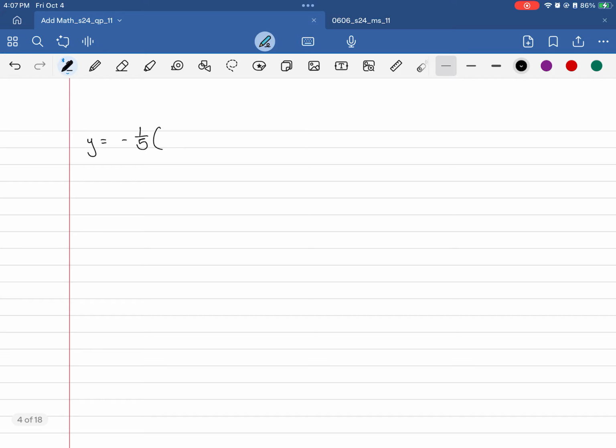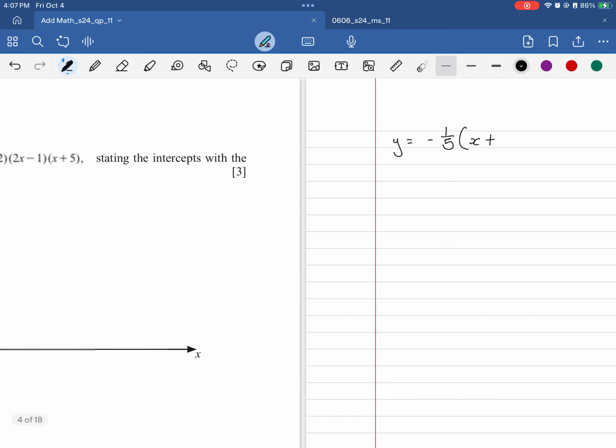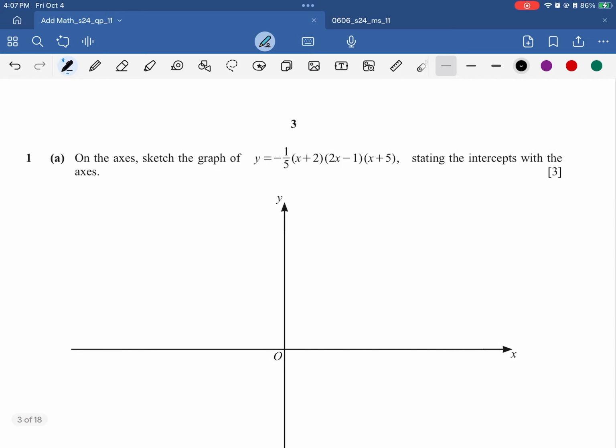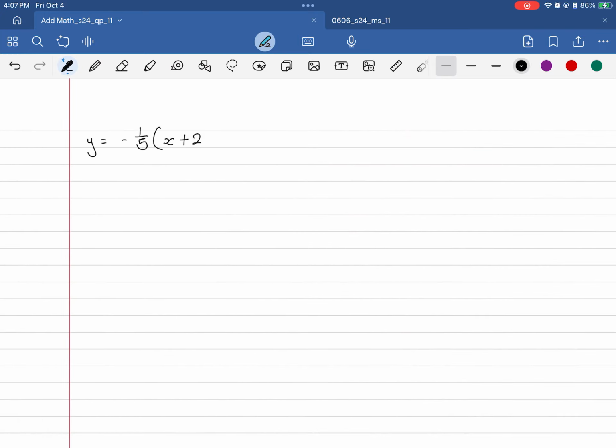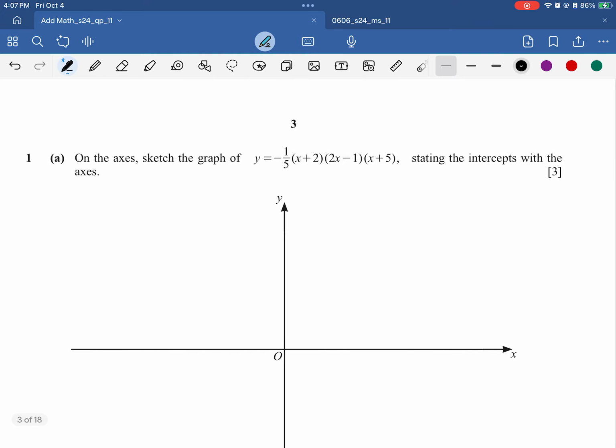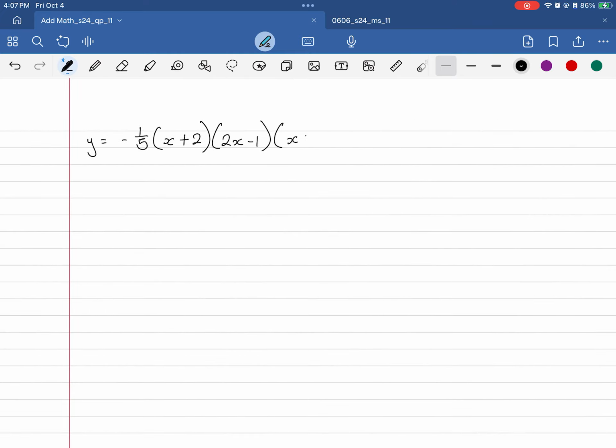x plus 2, 2x minus 1, and then x plus 5. So you find the intercepts first. And intercepts meaning you find x when y is 0 and you find y when x is 0.